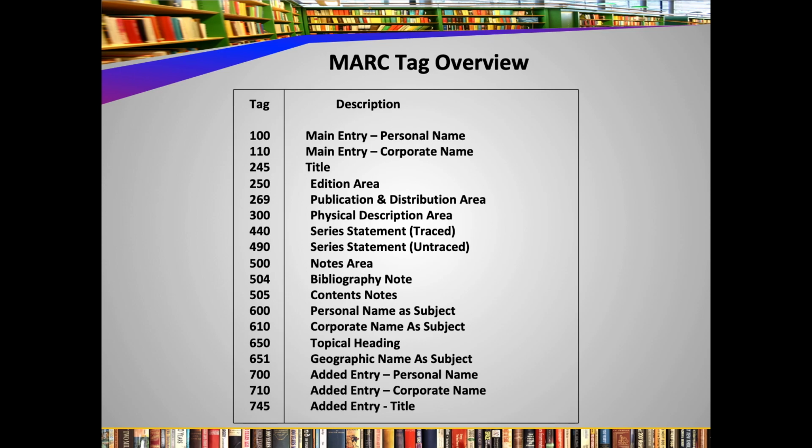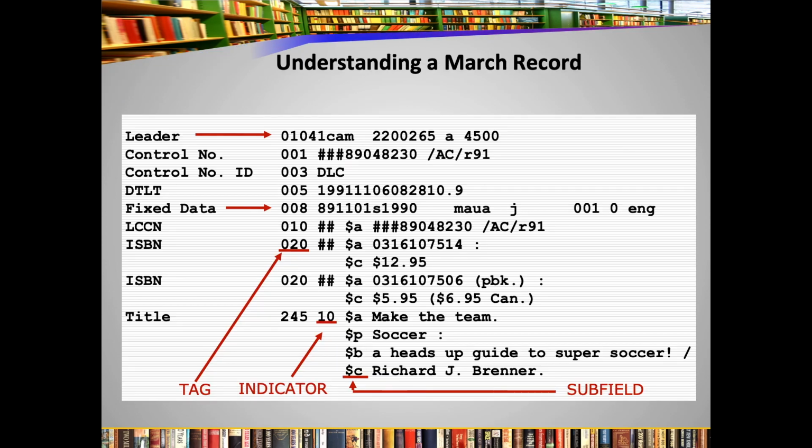In this slide, if you refer to 110, it is still under main entry of names, but under corporate names. For 100, it will be personal name, and 110 under corporate names.